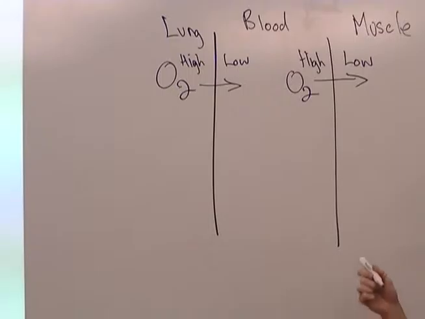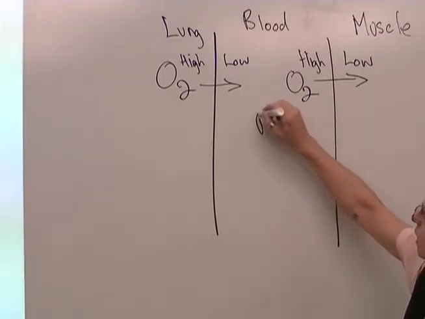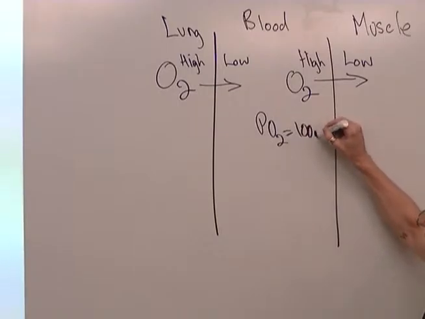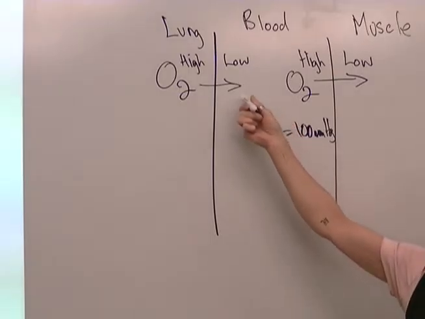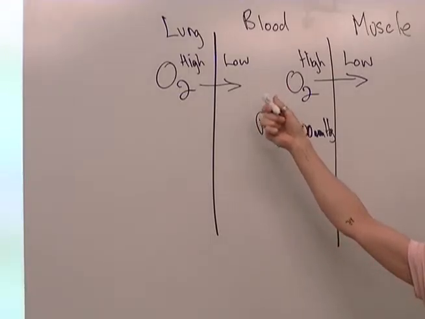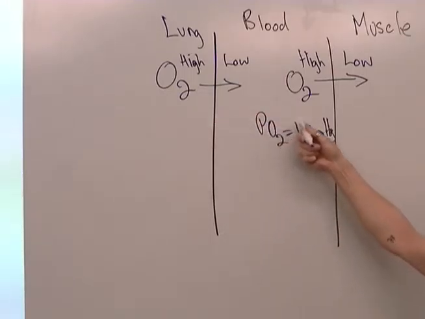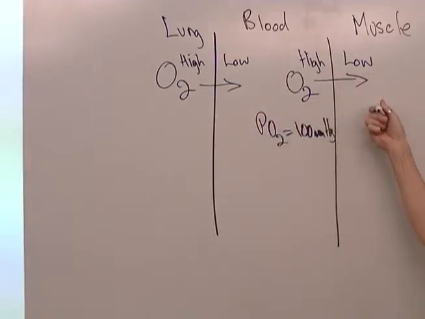Right? So if this PO2 equals 100 millimeters of mercury, the 100 can be the end product of the low ratio, and now it's going to be higher than we have in the muscle tissue so that we can move out.